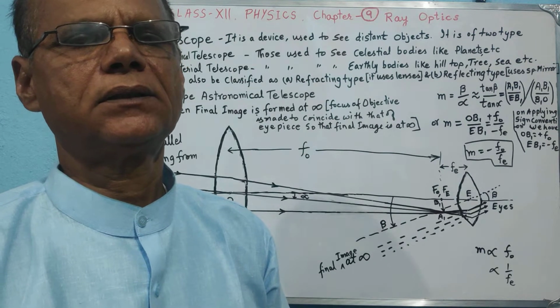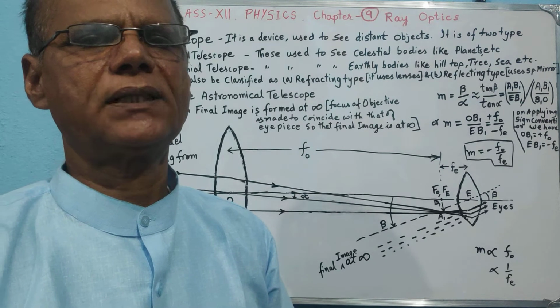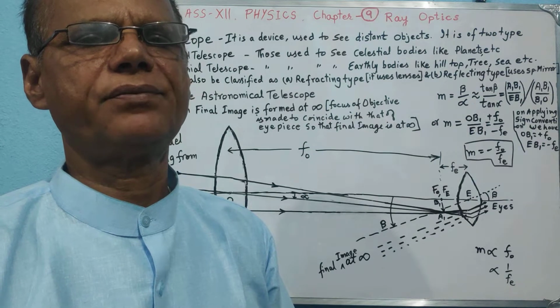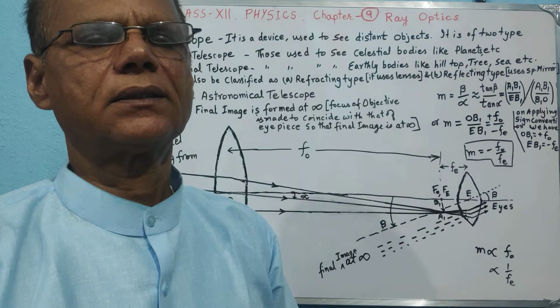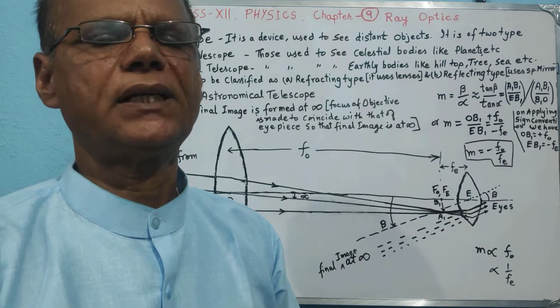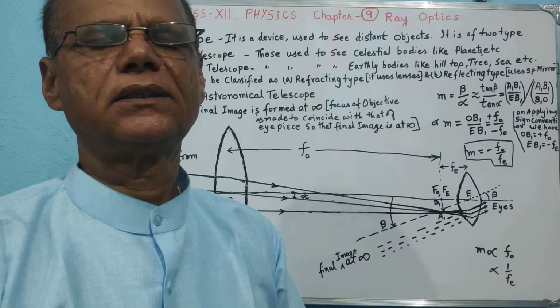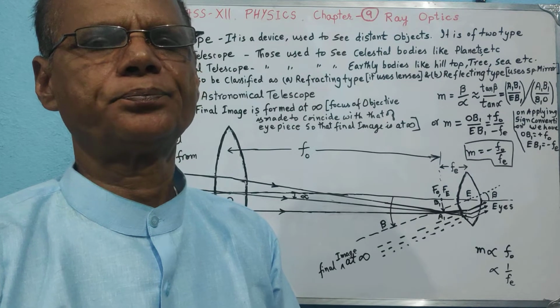And if we use spherical mirrors to collect the rays coming from distant objects and produce their images, then that type of telescope is known as reflecting type telescope.